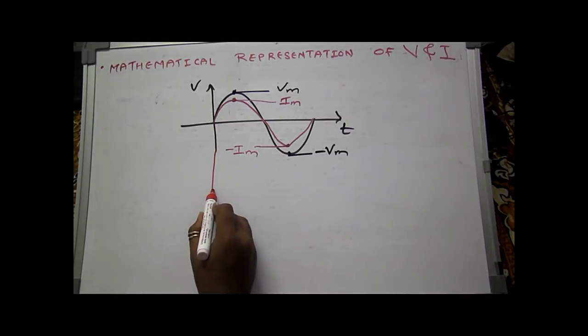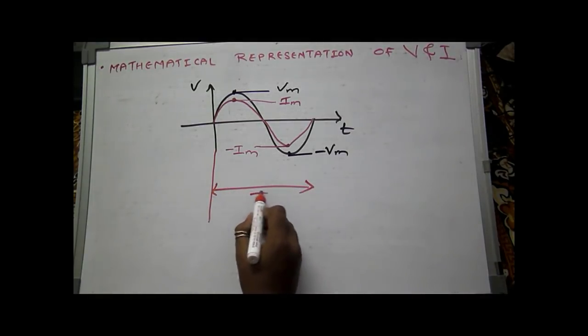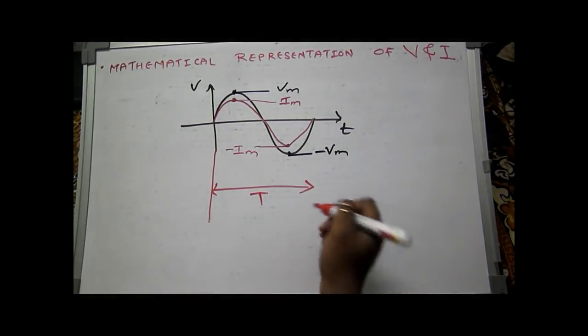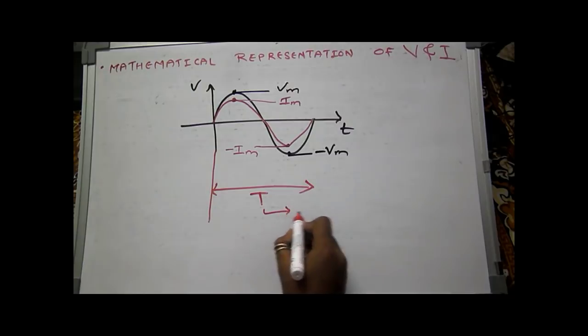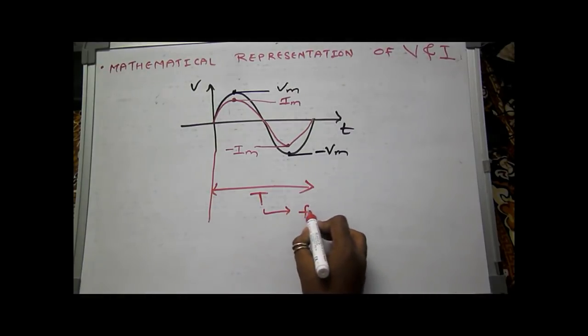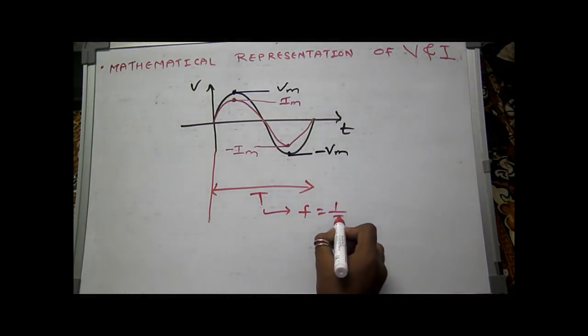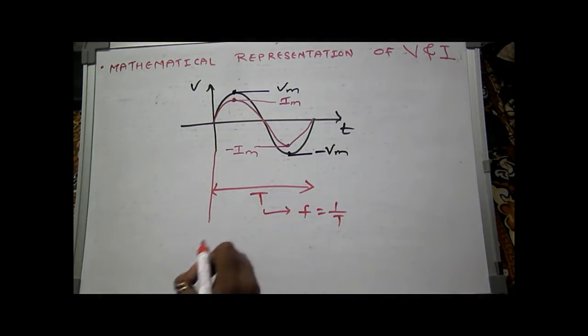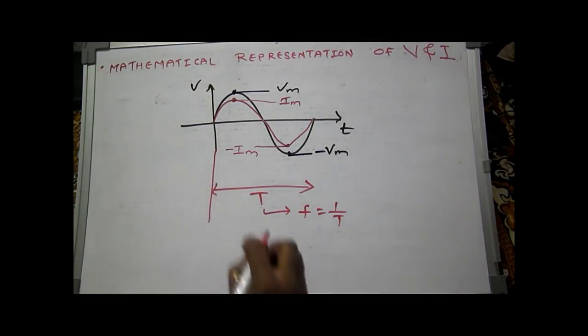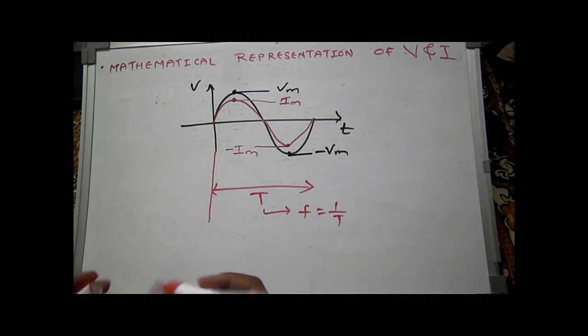If we take the time period of this full wave, that is T, then we can find out frequency from this T. We know that the formula for frequency is f is equal to 1 by T. Remember, this is a capital T and this is a small t. Why I am telling so, you will come to know when we discuss the formula.